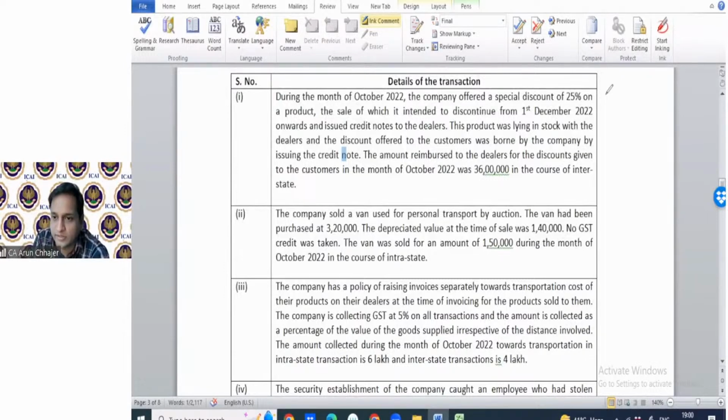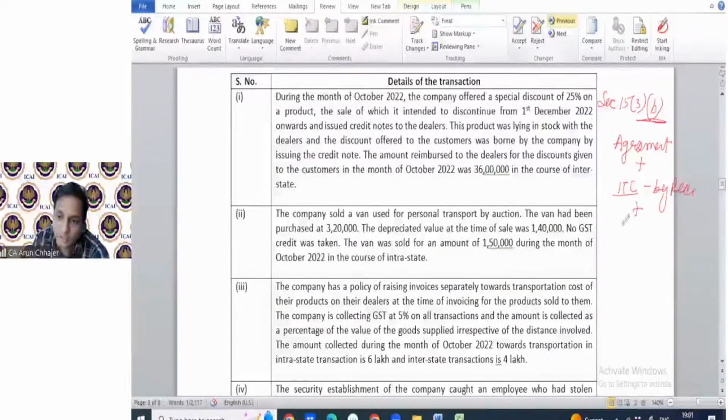Absolutely correct. Thank you so much. Section 15, subsection 3, clause B of the CGST Act. According to section 15, subsection 3, clause B, there has to be a prior agreement on or before the supply, and the ITC attributable has to be reversed by the recipient, and it should be linked to the relevant invoices.